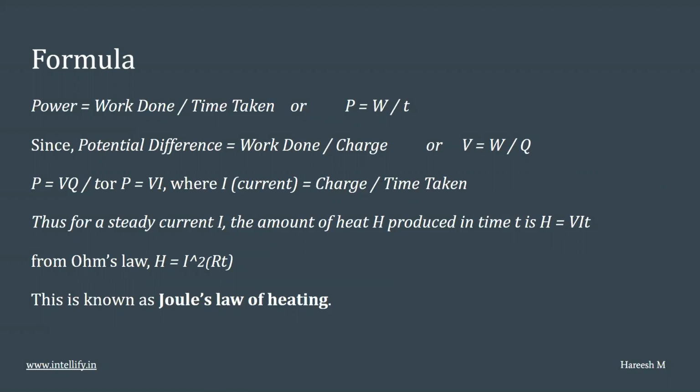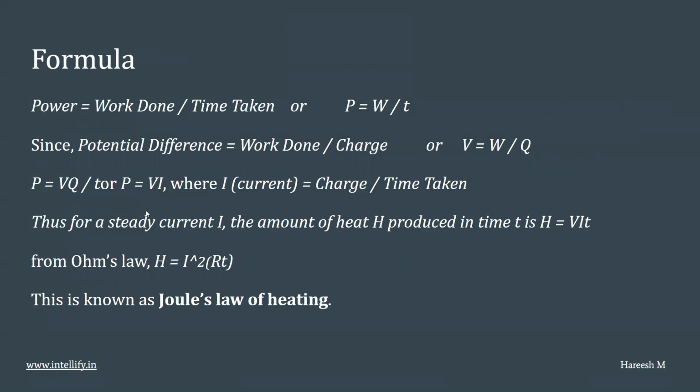So potential difference V = W/Q, and from here the work done is W = V × Q. Now, if you substitute that into the equation of power equal to work done upon time, you will get a new equation: power is equal to VI, where I is the current and V is the potential difference.